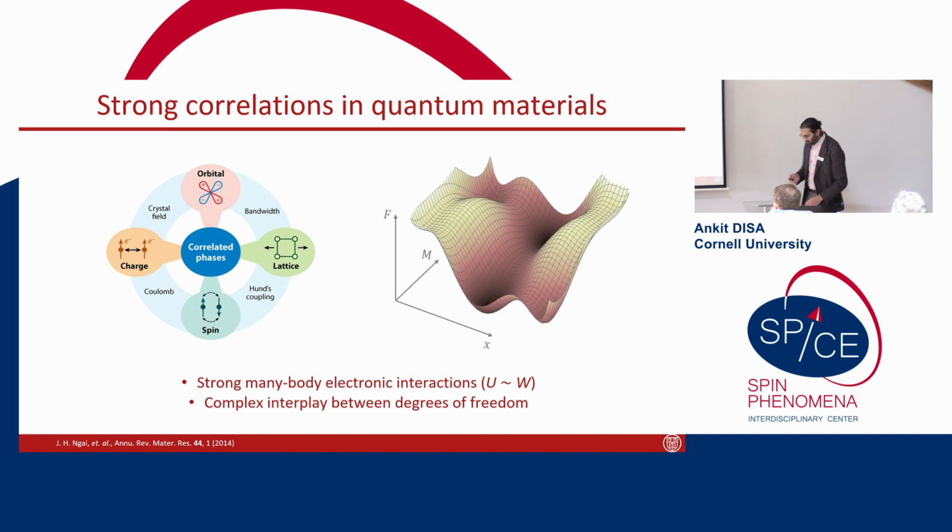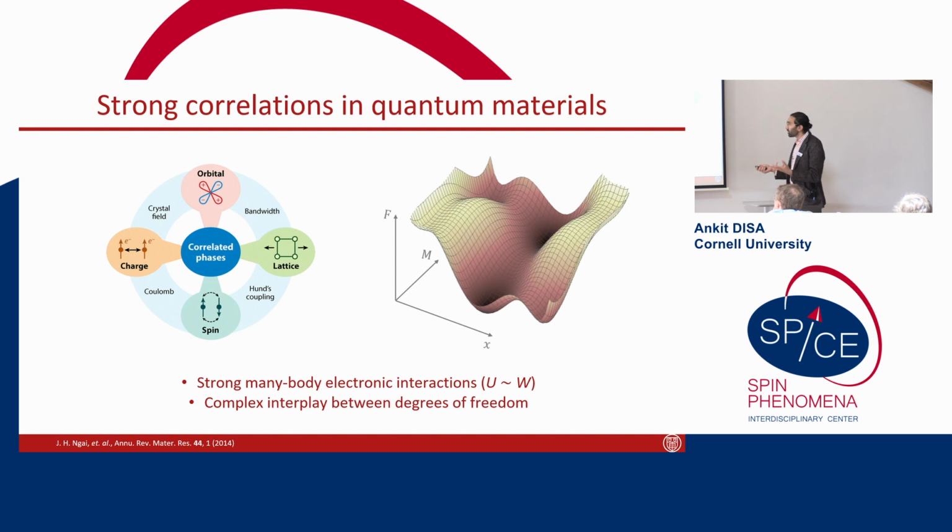Okay, so we already heard a lot about correlated materials. And from my standpoint, the very useful thing is that in these types of systems, generically, the behavior of the crystal lattice is strongly intertwined with the orbital, spin, and charge degrees of freedom of the electronic sector, right? And what Andy just showed us is this can lead to very complicated free energy landscapes where you have a number of different nearly degenerate ground states that arise because of the competition and cooperation between these different degrees of freedom.